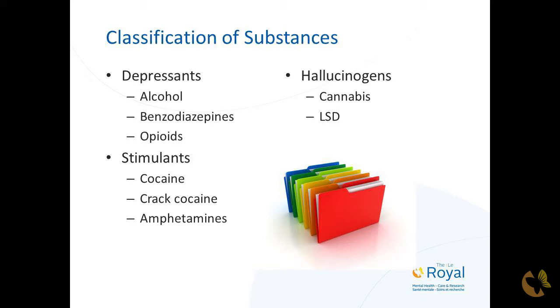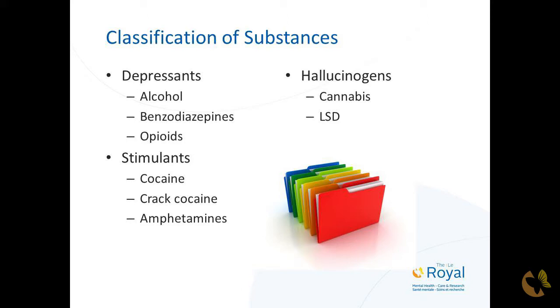So here you'll have things like alcohol, benzodiazepines, which are things like Valium and Xanax and clonazepam, usually prescribed drugs, and opioids, which belong to that category of painkillers. Things like OxyContin, hydromorphone, fentanyl will fall into that category.